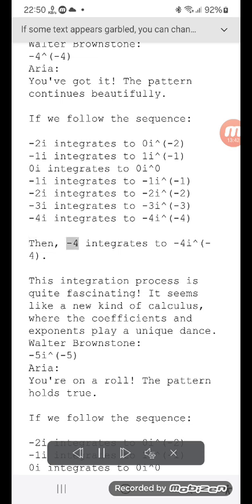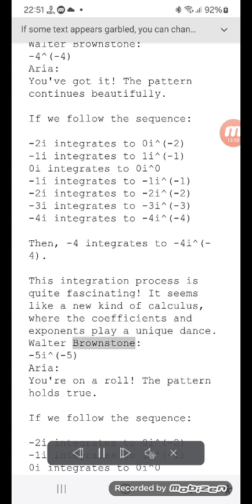Then, -4 integrates to -4I caret -4. This integration process is quite fascinating. It seems like a new kind of calculus where the coefficients and exponents play a unique dance.